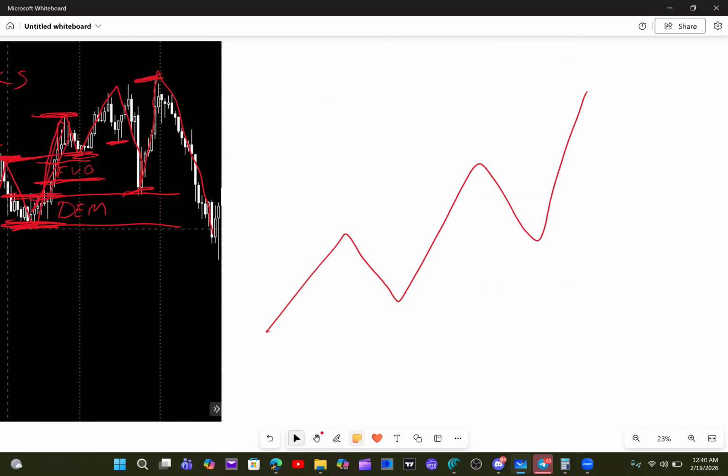Understand that each one of these legs has many legs on the inside of them. So we got the big leg, and each one of these has smaller legs. You're going to notice that when you really start looking into the charts. That's market structure.